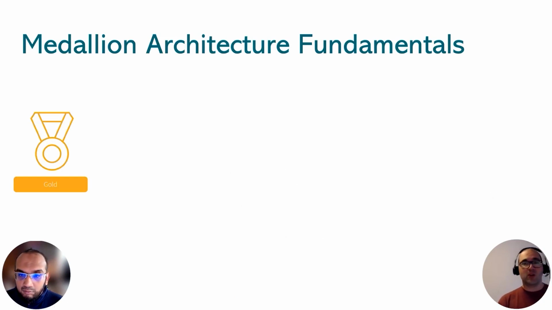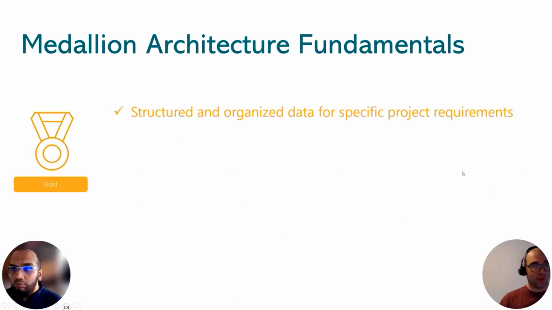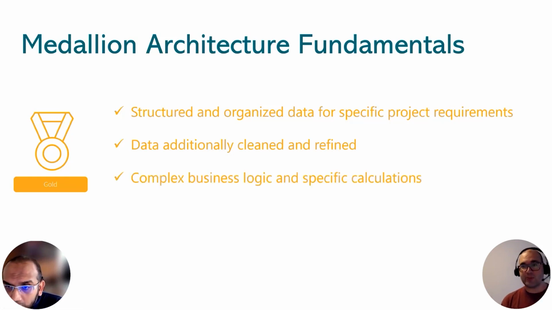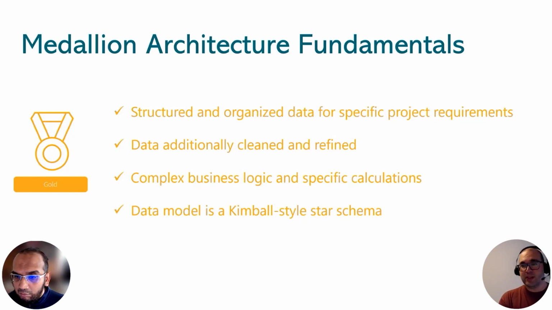And finally, the gold layer represents the so-called icing on the cake. Data is structured and organized to support specific project requirements. This is the final stage, so the data is additionally refined and cleaned. And in the gold layer, we also apply various complex business rules and logic, use case specific calculations, and so on. From a data modeling perspective, when we talk about the gold layer, it's usually implemented through a Kimball-style star schema.